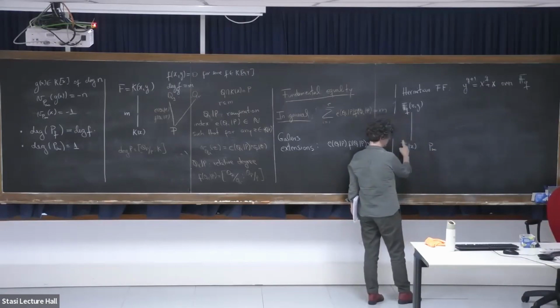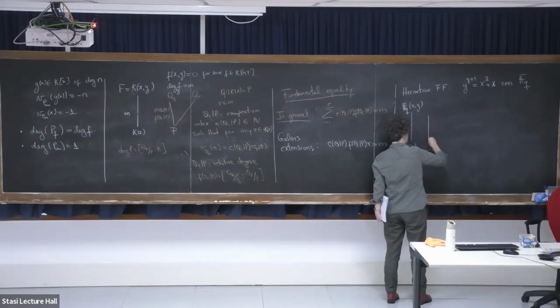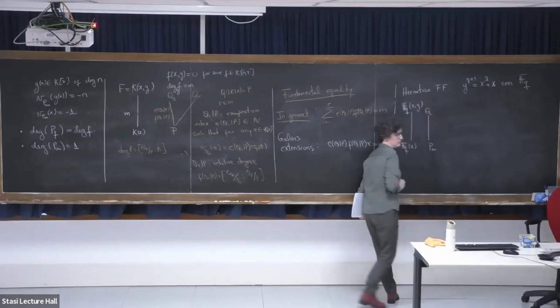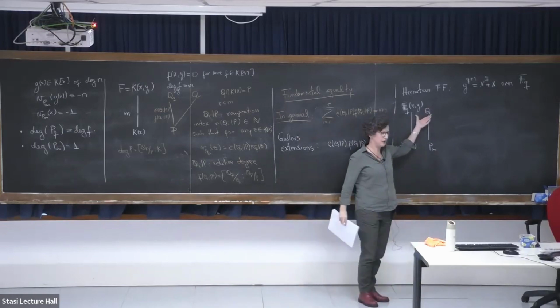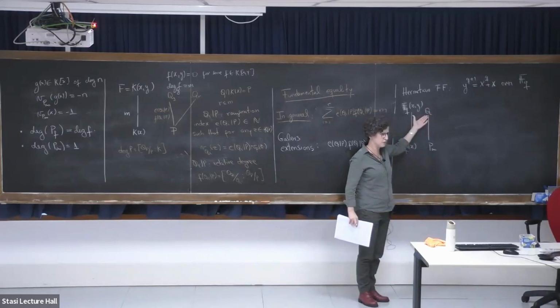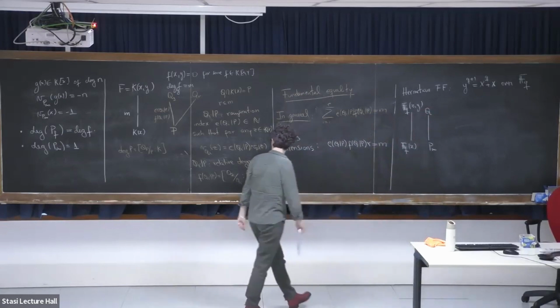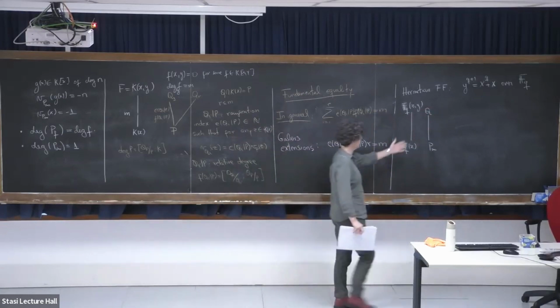We have this place in the rational function field, and I have this place. So let's take one place over it. Okay. So I want to know how many places I have over this one. What is its ramification index? What is its relative degree? Can we compute this?